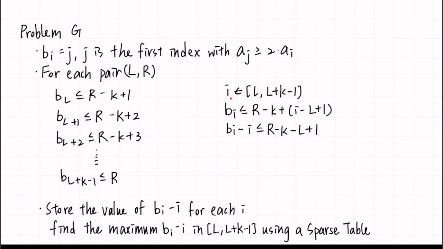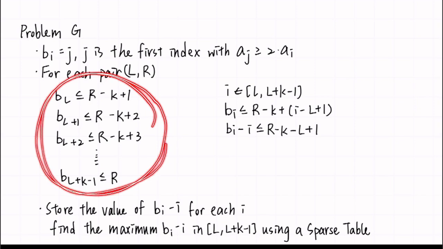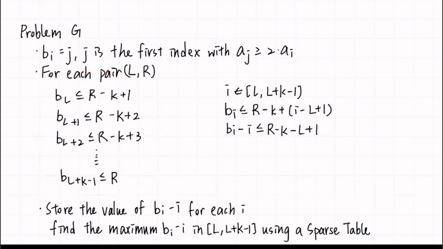And so if we look at i when i is in the range L to L plus k minus 1, we need b_i to be smaller than or equal to r minus k plus i minus L plus 1. And this is just applying what we got from these equations.